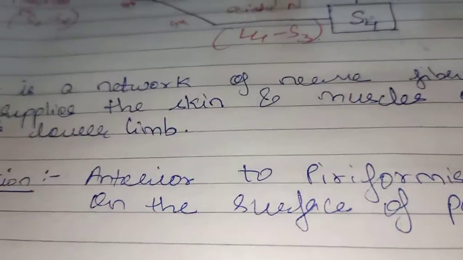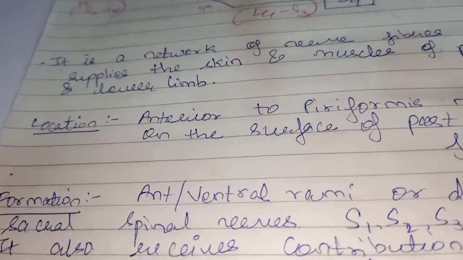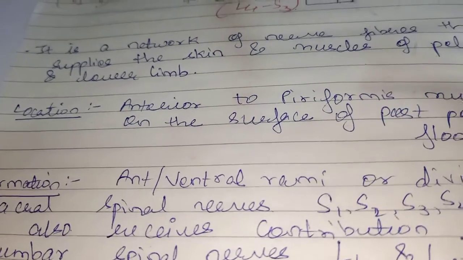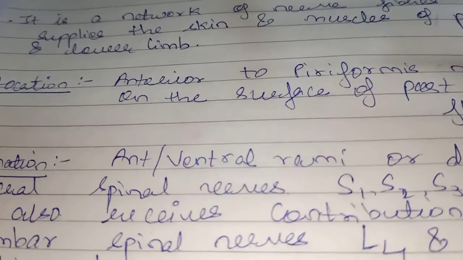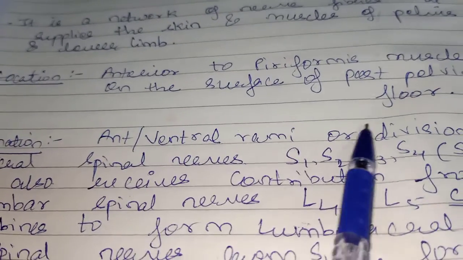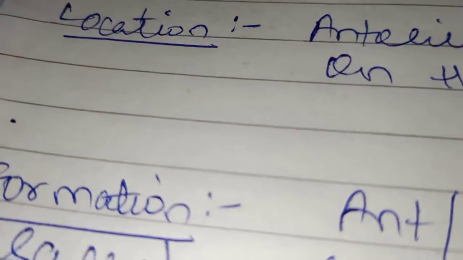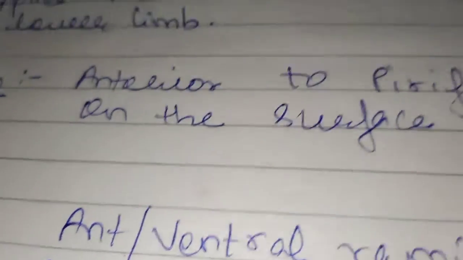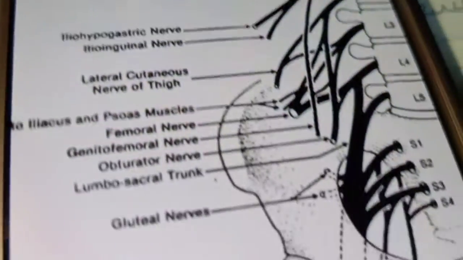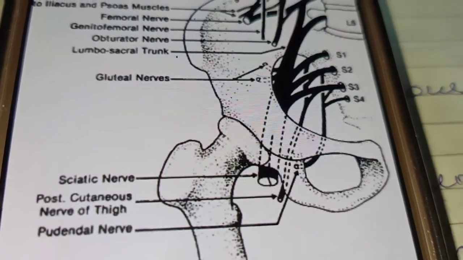So what is sacral plexus? It's a network of nerve fibers and it supplies the skin and the muscles of the pelvis and the lower limb, and this is formed anterior to the piriformis muscle, on the surface of the posterior pelvic floor. This is about the sacral plexus. You can see here very clearly in the diagram.